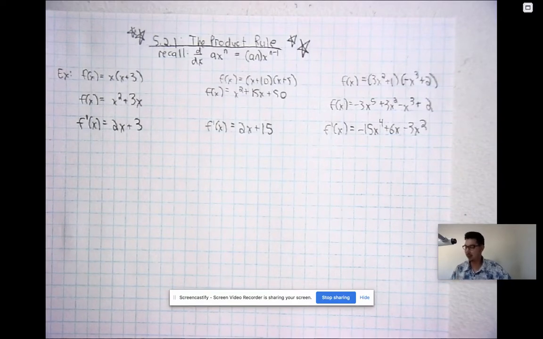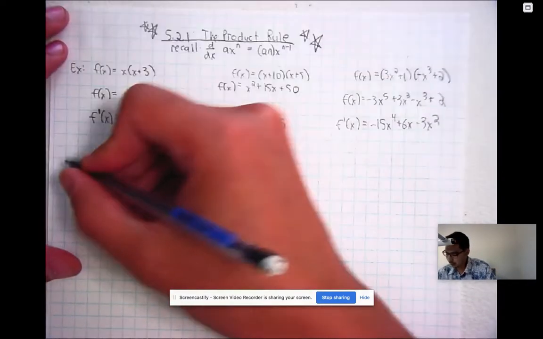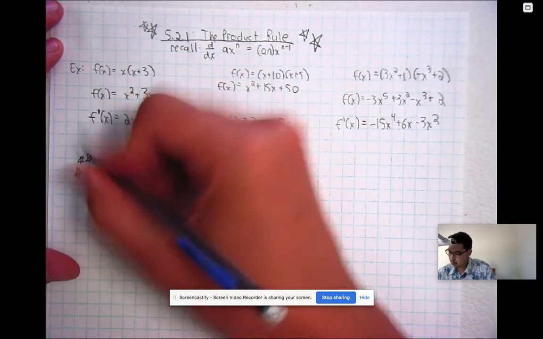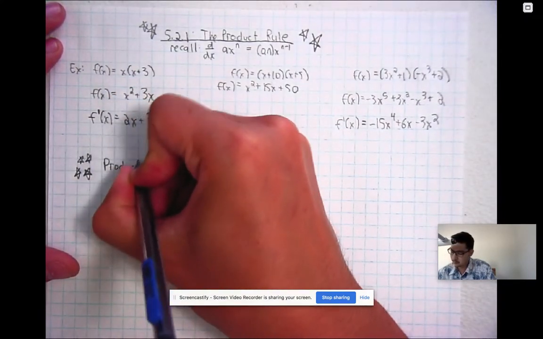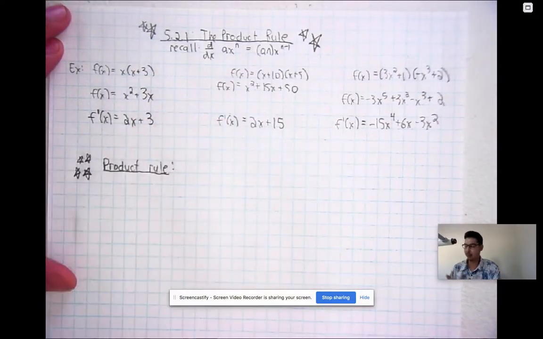Now, I know the book says, do you see any patterns? And I don't know if you'll see it, but after I show you this, we're going to show you how this really works. So here is the product rule, 4 stars of importance. The product rule. Okay. And that is simplified in a way.